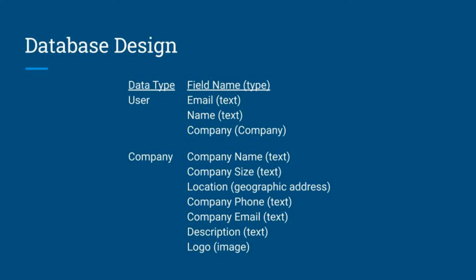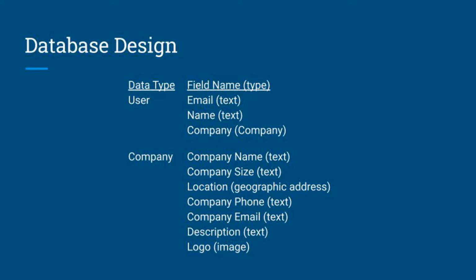So as you can see here, for the user, we'll get their email, their name, and we'll link their company back to them. So for the company, we'll just have the company name, company size, location, which as you can see is a geographic address, whereas the others were texts. Then we'll get a company phone, company email, description, and a logo, which is an image.